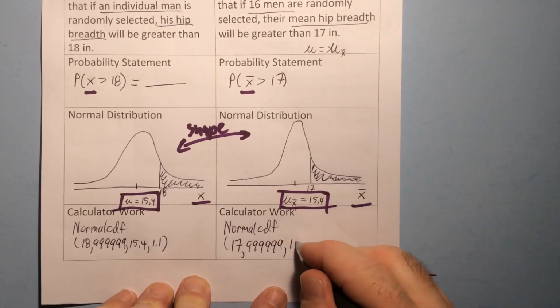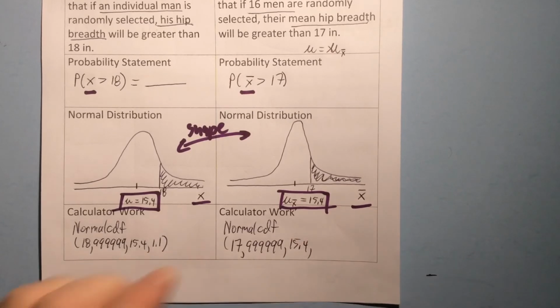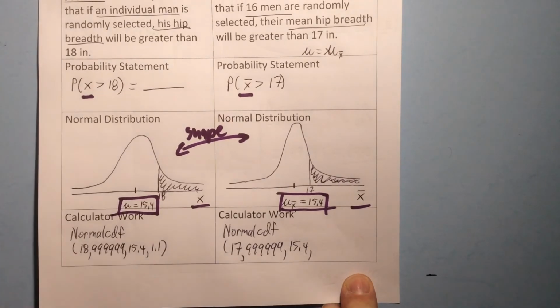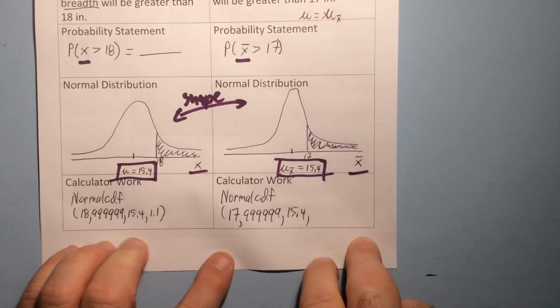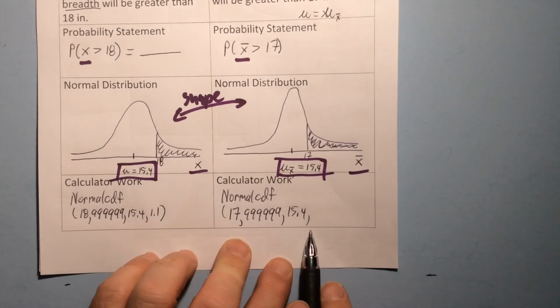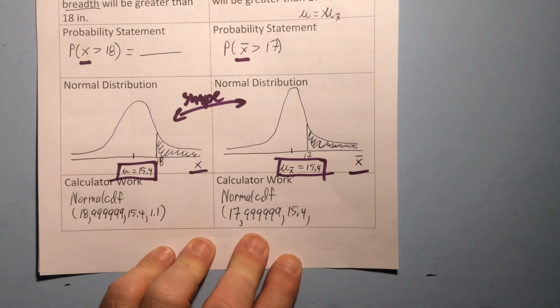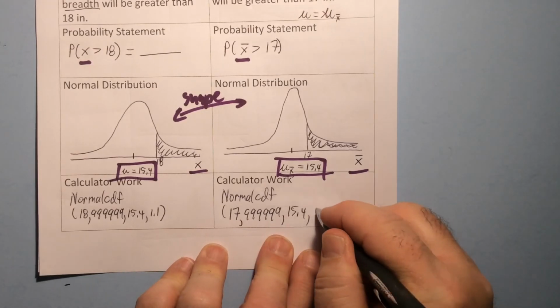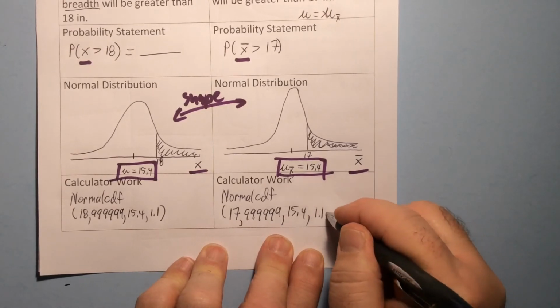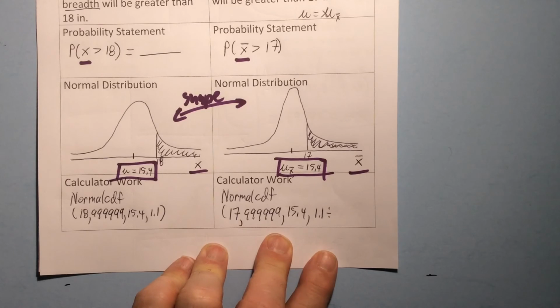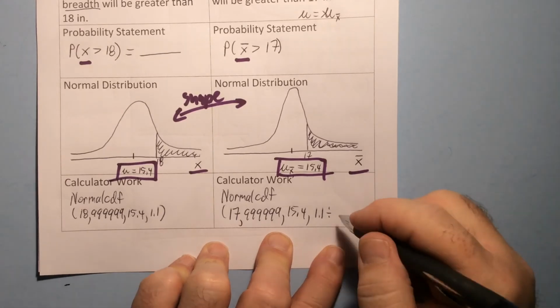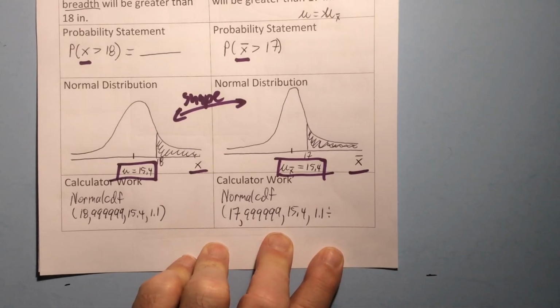Again, the mean is 15.4. The difference in the process now enters in, because when we are calculating the probability of this, since it is a sample mean we are looking at, we need to take the standard deviation and divide it by the square root of the sample size, which in this case is 16, because that's what they mentioned in this problem.